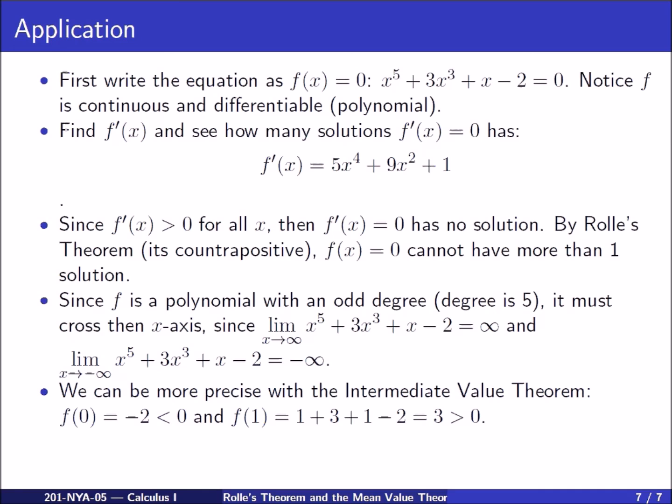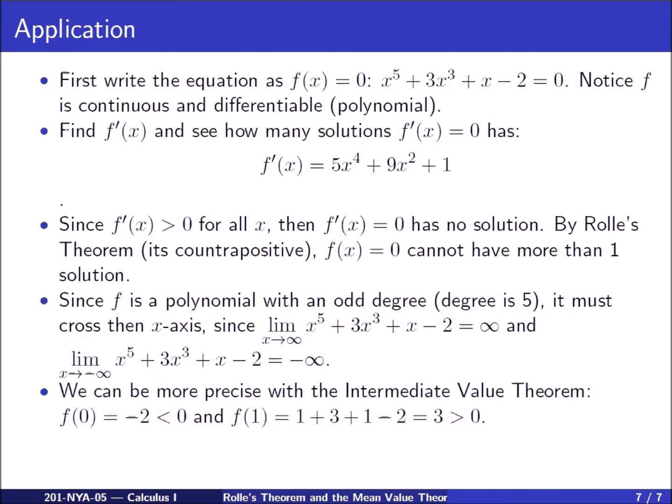Now, if we just take some random number, 0, f of 0 is minus 2, which is negative. So if we can find a point where the function value is positive, then by the intermediate value theorem, the interval starting at 0 and ending at that other value will enclose a root of f.